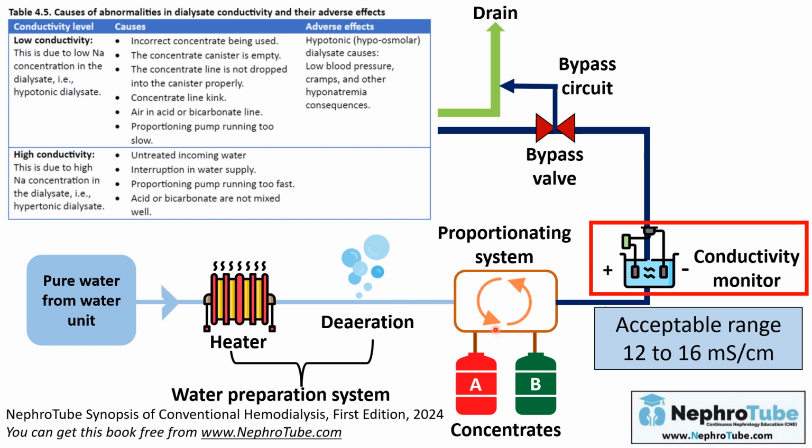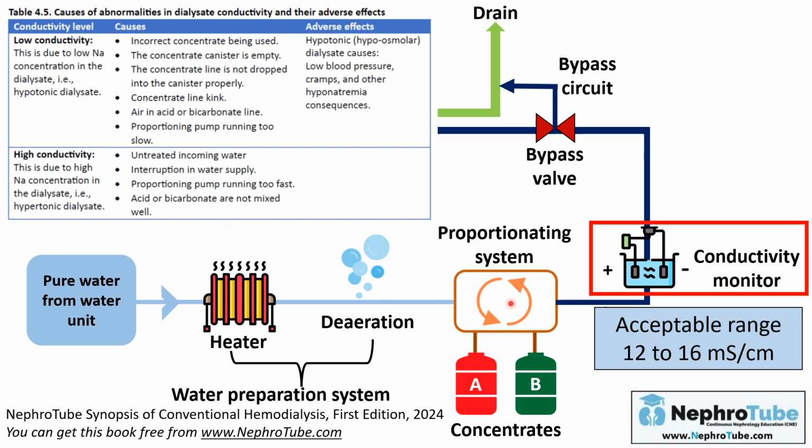The second cause that may lead to high concentration in the pure dialysate is if the water supply coming to the hemodialysis unit is interrupted. The water coming from the water unit is slow flow. So a small volume of water reaches the proportioning system, which will make a higher concentration of sodium.